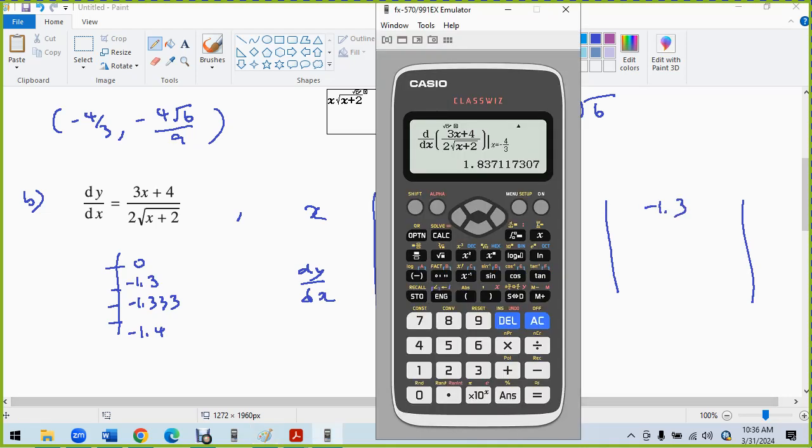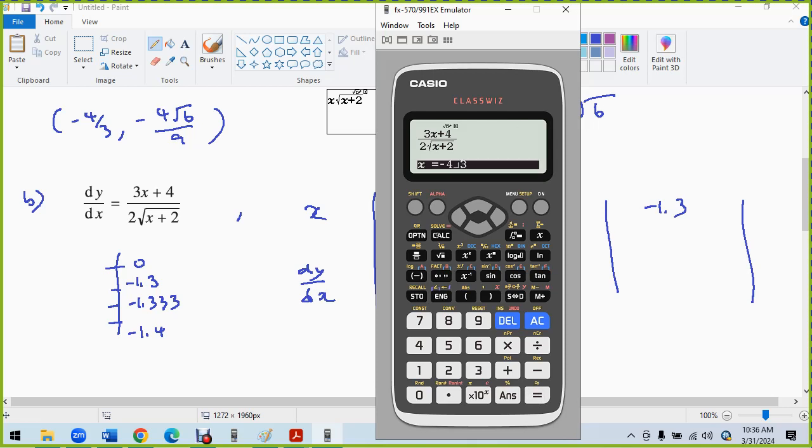Okay, so we have the (3x + 4) over 2 square root of (x + 2). Calculate when x is negative 4 over 3, it is 0.